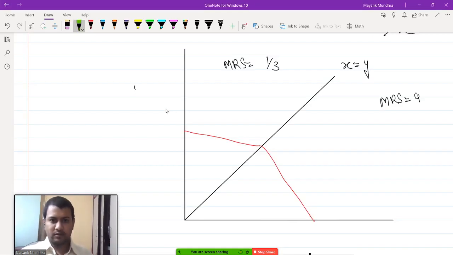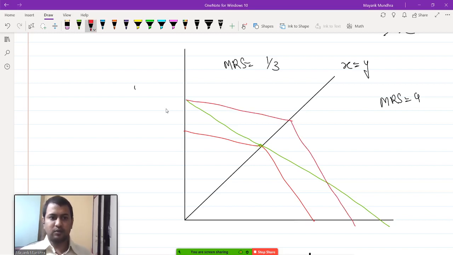In this situation, this is my budget line. She can always go to a higher indifference curve. But then the question is, where does she land?